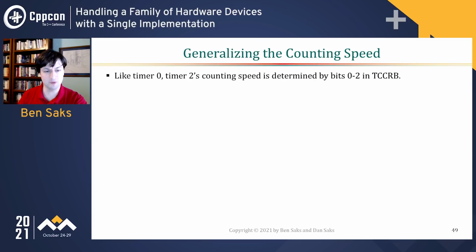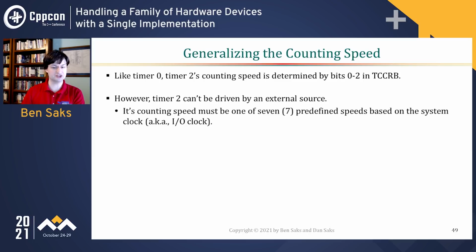The next trait to deal with is the counting speed. So I mentioned before that timer 0 and timer 2 both use the same bits to control their timing speed. It's the same locations in control register B. It's just that the options, the meanings of those bits are different for timer 2. Timer 2 can't be driven by an external source at all.